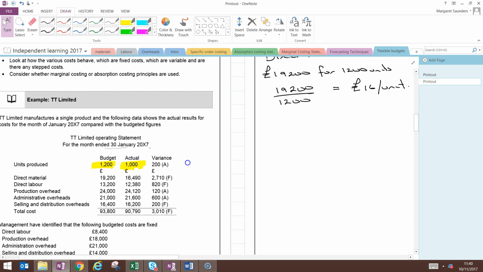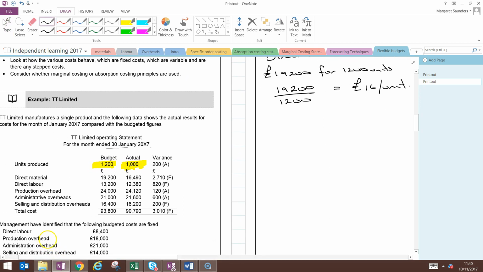The second cost we are given is the direct labour, which is £13,200. Now we've been told that 8,400 of that is fixed. So therefore, the rest of it must be variable.